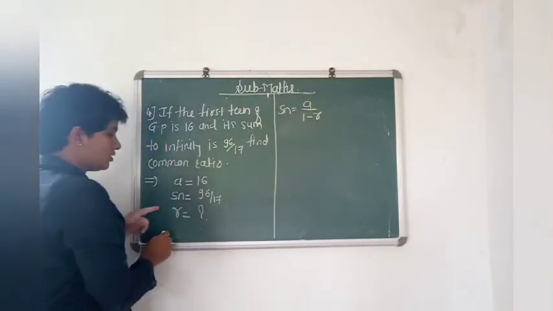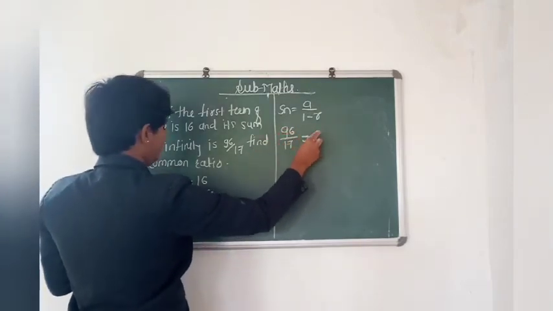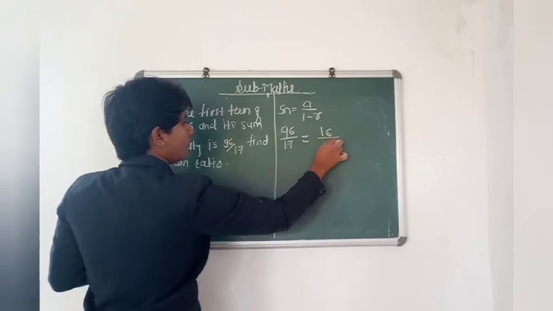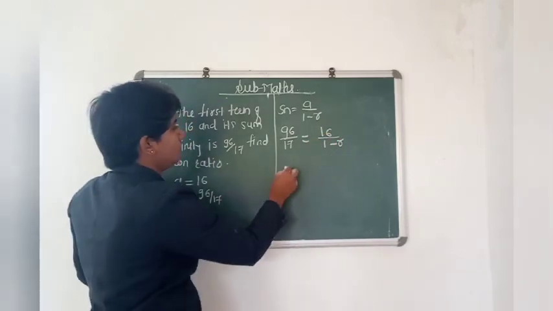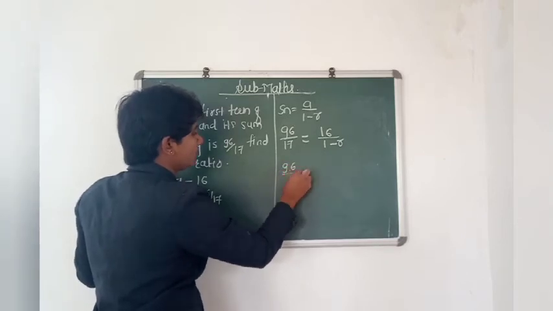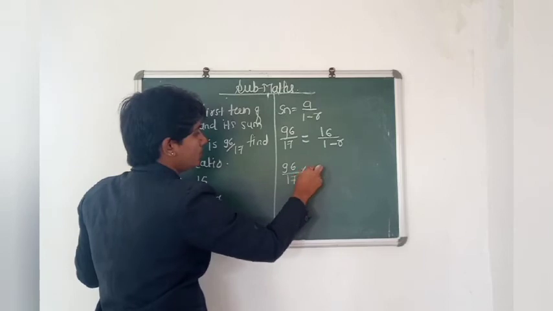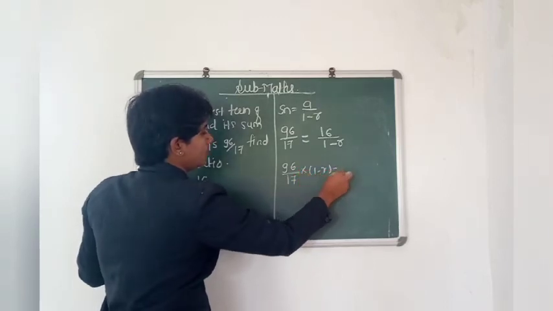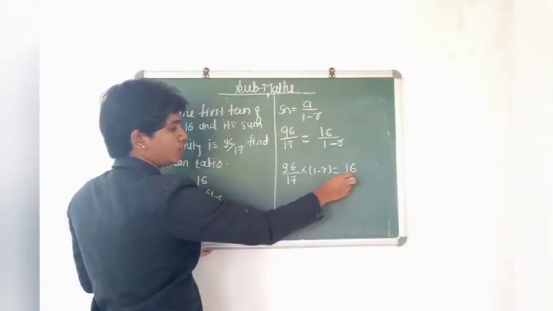Substitute all the values. The sum is given as 96 upon 17 is equal to the first term 16 upon 1 minus r. After solving, we get 96 upon 17 into 1 minus r is equal to 16. So this term is multiplied, goes to the other side to divide.